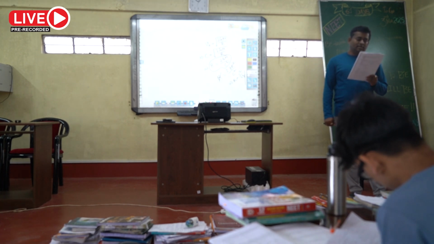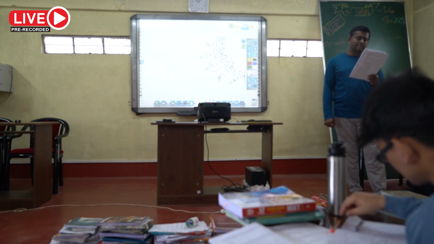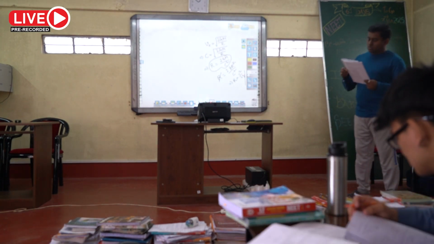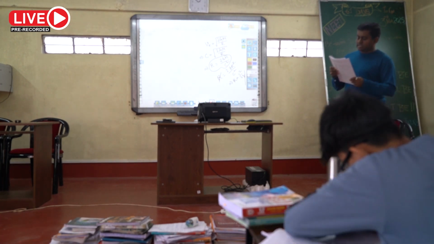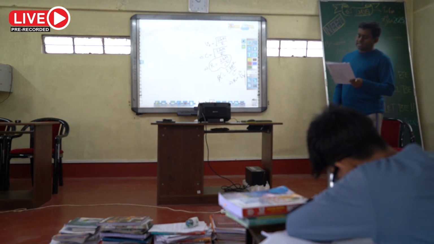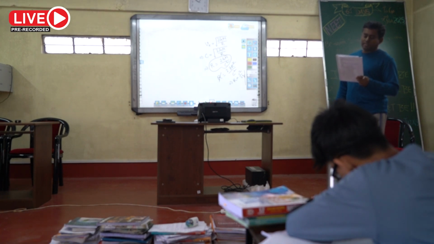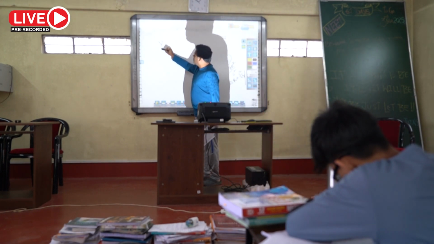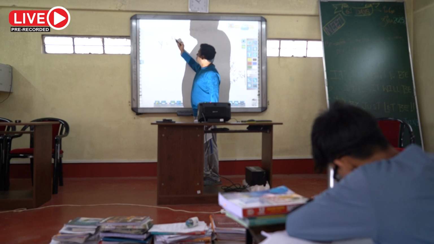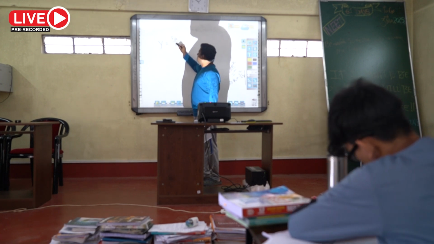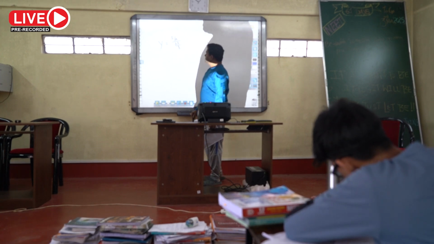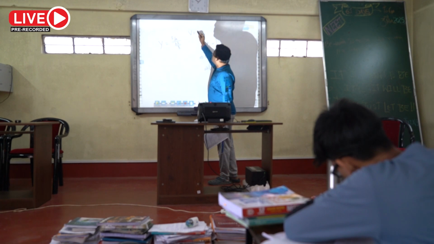Then question number 13. Copper of volume V is drawn into a wire of length L. When the wire is subjected to a constant force F, the extension produced in the wire is delta L. Which of the following graphs is a straight line? See, Y equal to F by A divided by delta L by L. Now we know that volume V equal to AL.